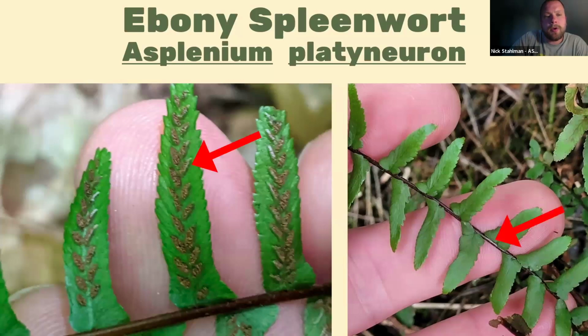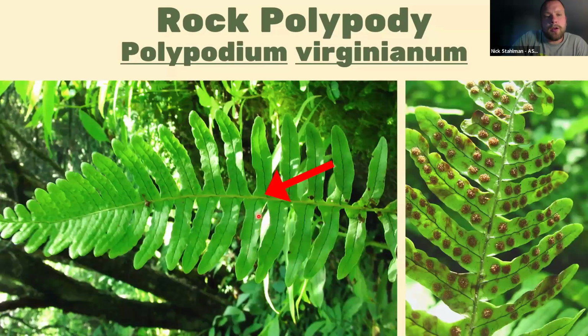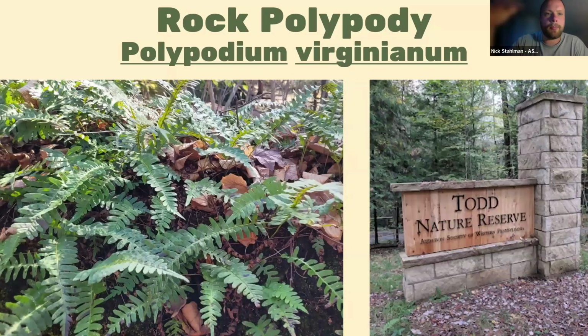But on the rock polypody, that spur overlaps with itself on either side. And the fertile frond is shorter, so you kind of know, oh, maybe I should check this one. And you'll see on the underside, it has really nice rounded sori. But this grows like it'll just be on top of a boulder with almost no substrate underneath it.